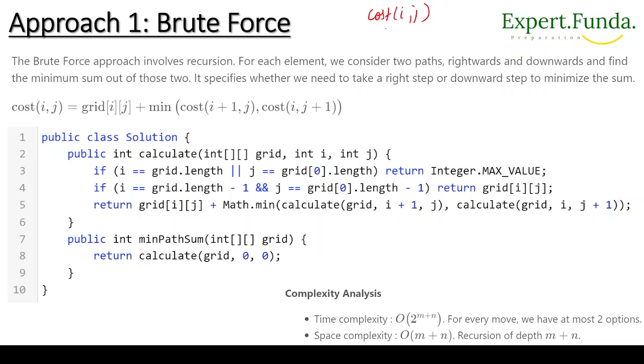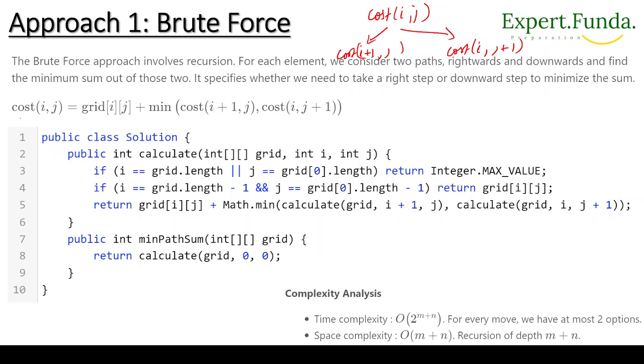To find the cost at i and j, we should have the cost at i plus 1 and j, and the cost at i and j plus 1, either right or down, whichever we have to take, plus the current value.